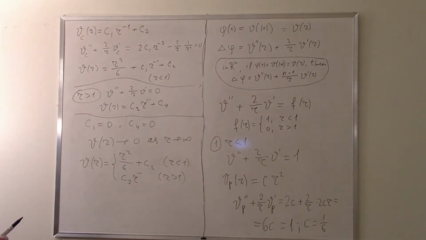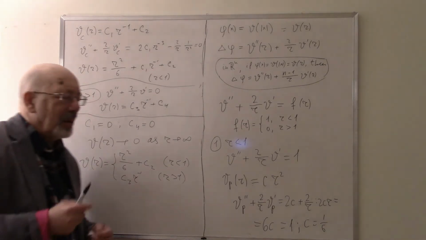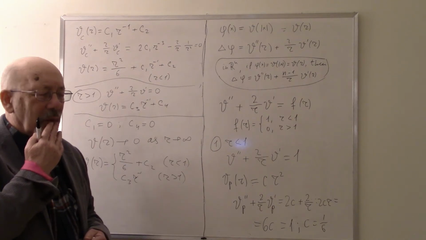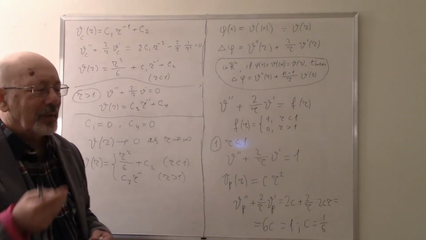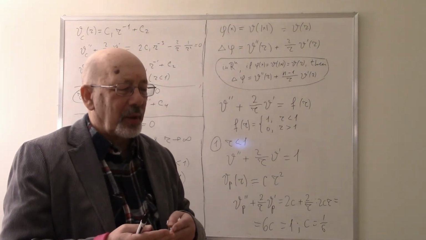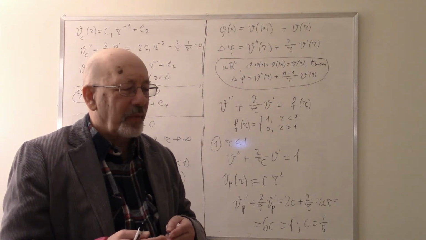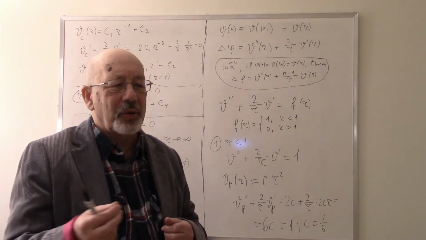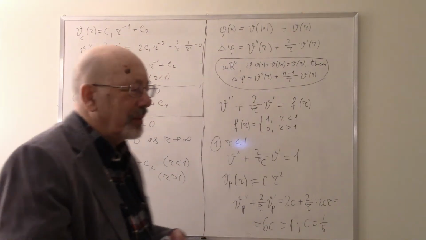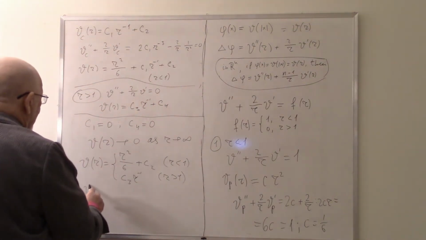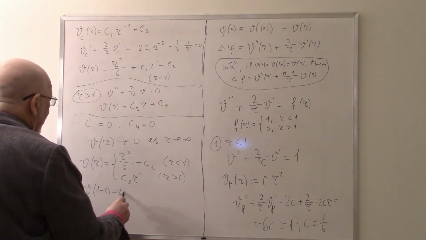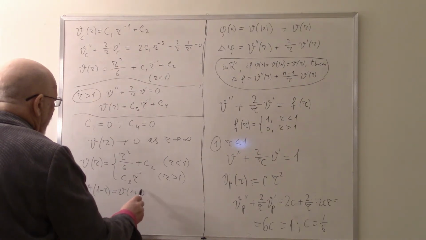So we found this function V. Now the first thing is that this function should be continuous. Yes? Otherwise the force has a delta function on the boundary of the ball, and this does not happen. So V of 1 minus 0 equals V of 1 plus 0.